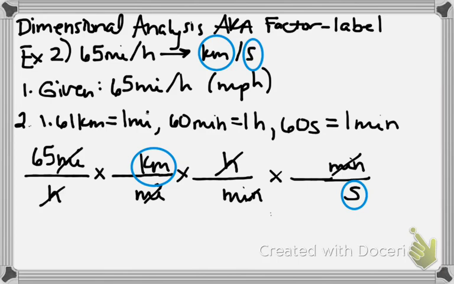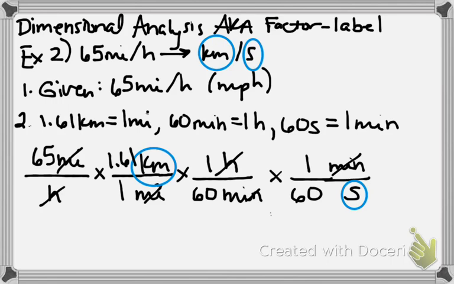So because my first conversion factor is 1.61 kilometers per 1 mile, then I put 1.61 kilometers over 1 mile. 1 hour equals 60 minutes, so I know to put 60 on the bottom in that case. And the same thing for seconds to minutes. So if you put all of your units in first, that will help you figure out where to put the numbers and whether or not you're supposed to be multiplying or dividing.